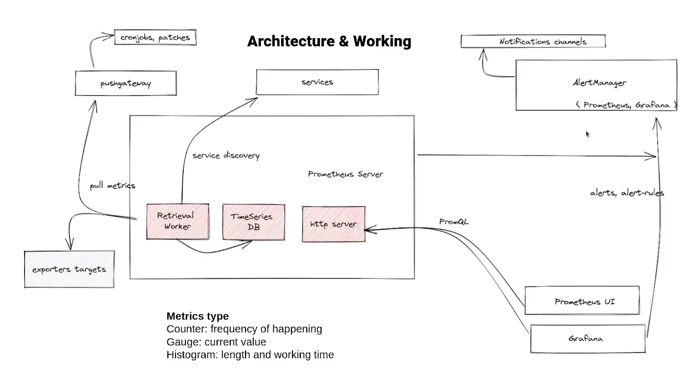Now we will see there is another component, the alert manager. Prometheus has this component, and when we use Grafana, it uses its own alert manager. The fourth feature which was defined in the definition was managing alerts.